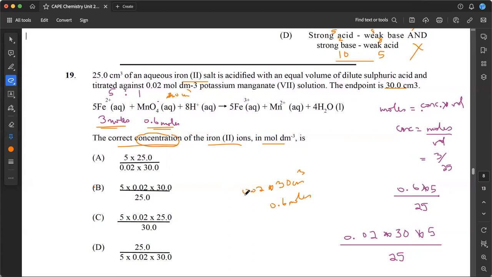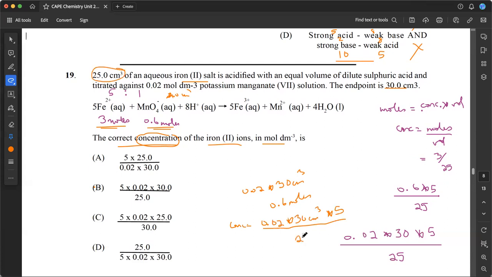So what did we do? We would have to do concentration is equal to moles, which is 0.02 times 30. So this is the number of moles of KMnO4, and then we multiply that by 5, right? Because there's a 5-to-1 ratio, and then we divide that now by the volume, since concentration is moles divided by volume, and they told us that it was a 25 cm cubed volume of iron salt that we used.